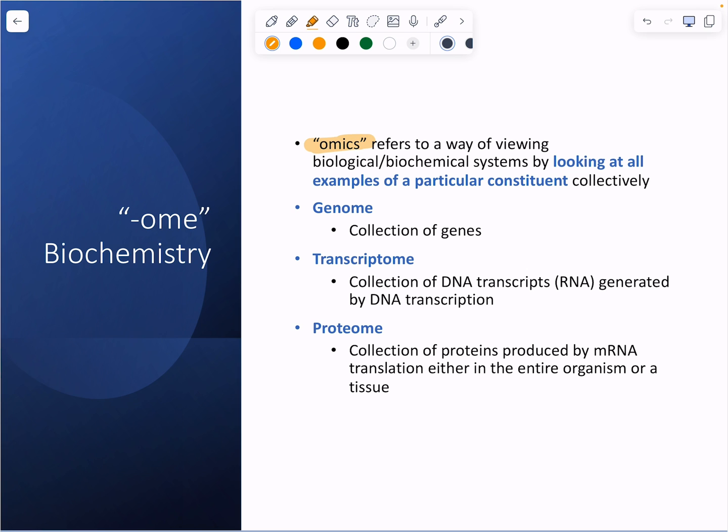Genomics is looking at all the genes. We have the ability to sequence entire cells, entire organisms.